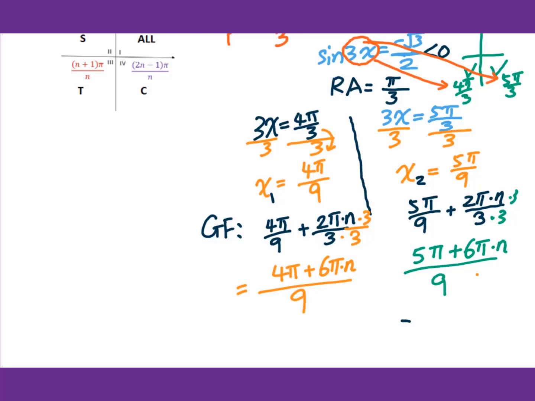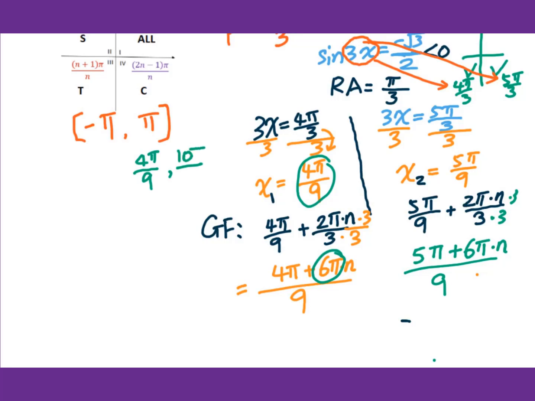We are looking for the angle between negative pi to pi. For 4 pi over 9, I add 6 pi to the top. So I got 10 pi over 9. It's out of this domain. So keep doing this part.